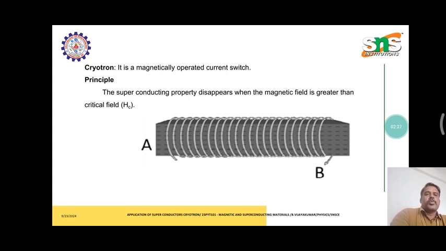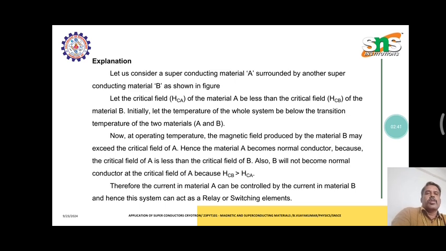The principle: the superconducting property disappears when the magnetic field is greater than the critical field Hc. There is a coil wound on it, with one end A and the other end B. Let us consider a superconducting material A surrounded by another superconducting material B. The critical field HcA of material A is less than the critical field HcB of material B. Initially, let the temperature of the whole system be below the transition temperature of the two materials.